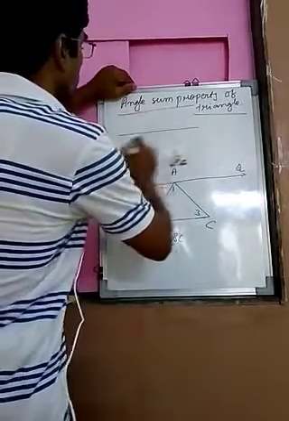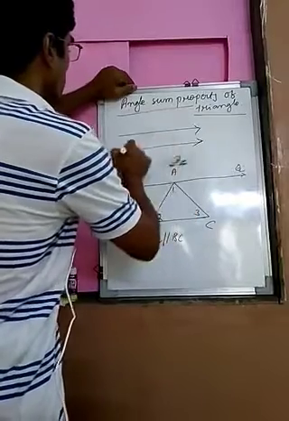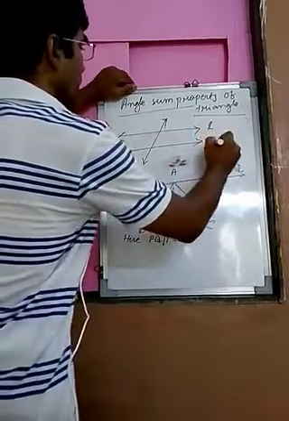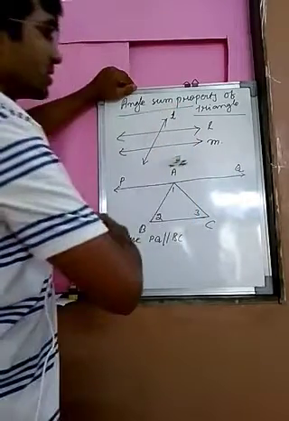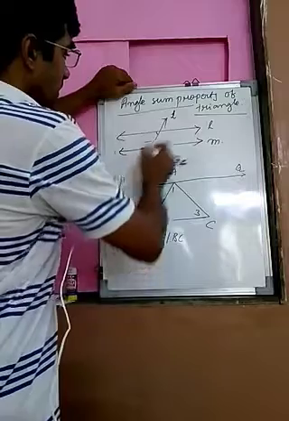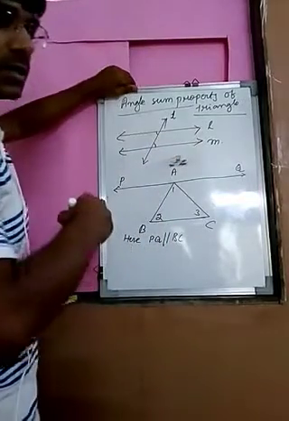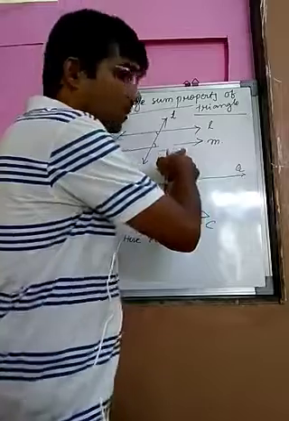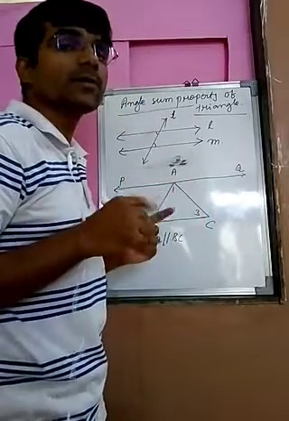We know if these two lines, line L and line M, are parallel and this one is the transversal T, the angles made by this one and this one are called what? Interior alternate angles. When these two lines are parallel, interior alternate angles will be equal.